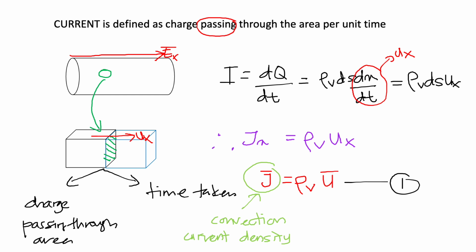You need to know that the convection current density denotes that the charge can move in any medium, for example in water or in air. It is not specific to a conductor. Because this is a convection current, you will learn about the conduction current in the next subtopic.